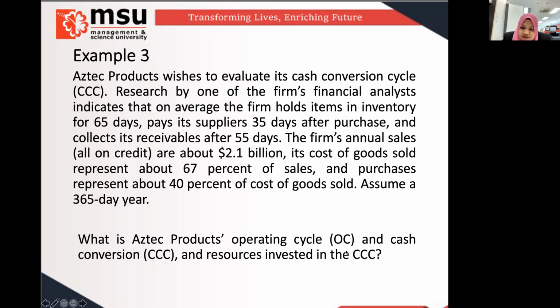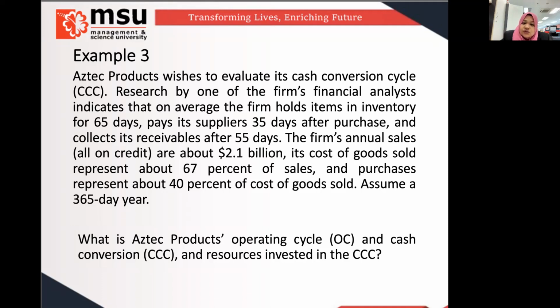So operating cycle, it is AAI plus ACP. Cash conversion cycle, OC minus APP. And then the resource invested, you have to calculate based on this. Okay. Sales. This is sales. So you have to calculate the cost of goods sold. How much is the amount of cost of goods sold? And then the purchases also, it is based on the cost of goods sold.